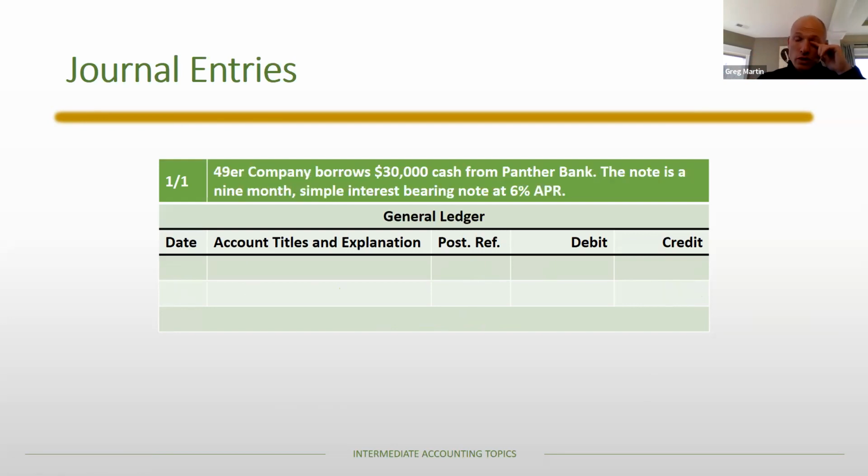All right, see if you can do this journal entry. 49er Company borrows $30,000 cash from Panther Bank. The note is a 9-month note, simple interest bearing, 6% APR. So what would be debited? What would be credited?